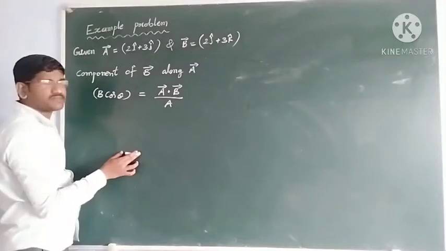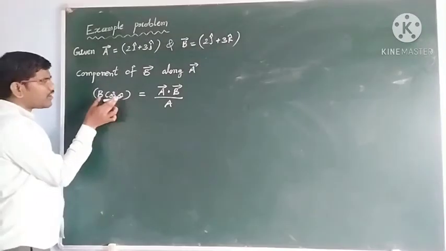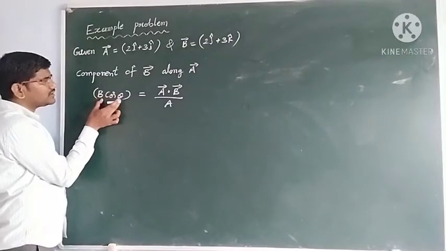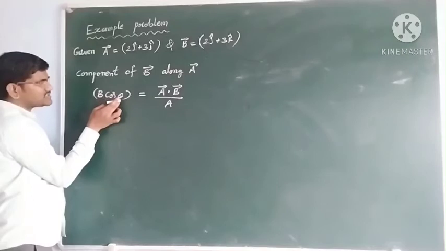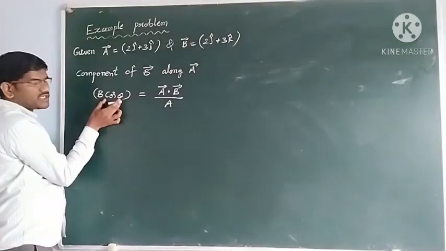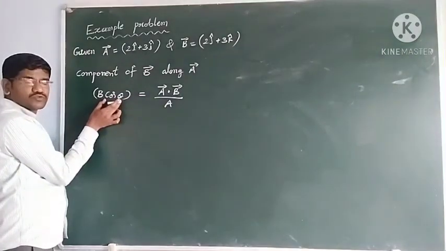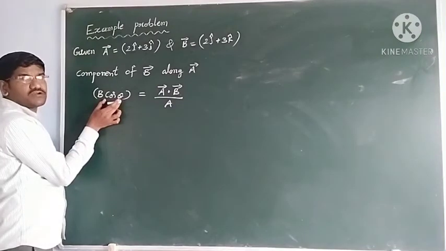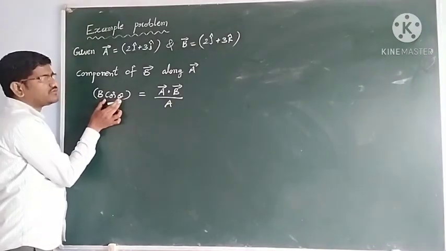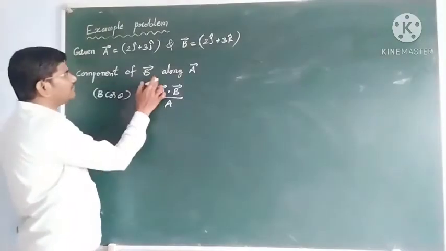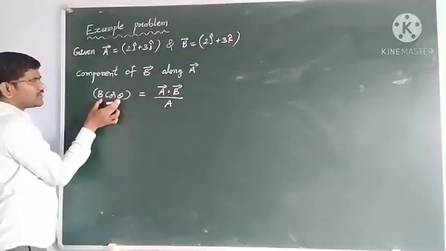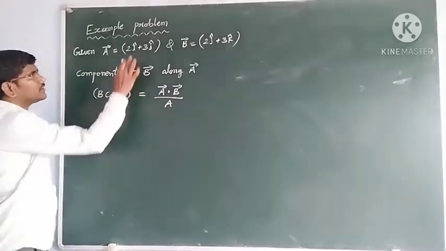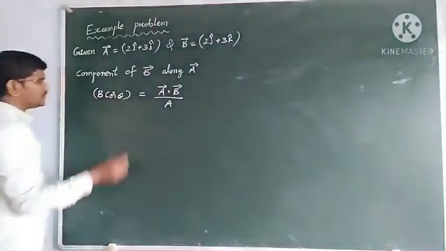Okay students, B cos theta is the component of B bar, where theta is the angle between A and B. So B cos theta will be the component of B bar in the direction of A bar. So component of B bar along A bar is A bar dot B bar by A. You do the dot product for these two, A dot B.